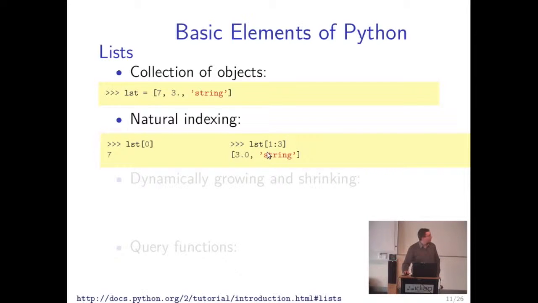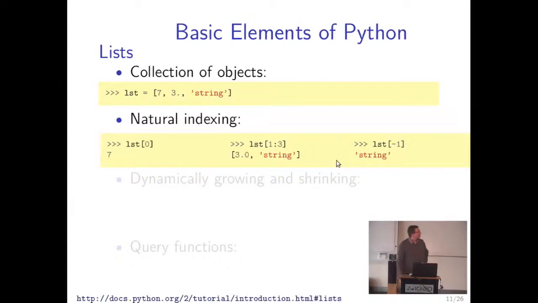So when you want to have the elements at index 1 and index 2, you say the list with 1 colon 3, because 3 is behind the last element that you want to have, and you will get a sub-list of that, which contains the 3 and the string.